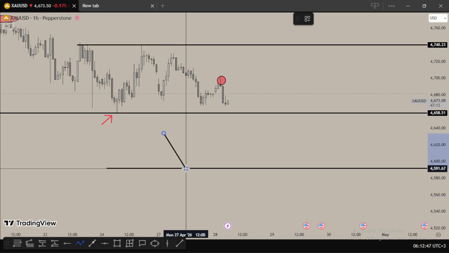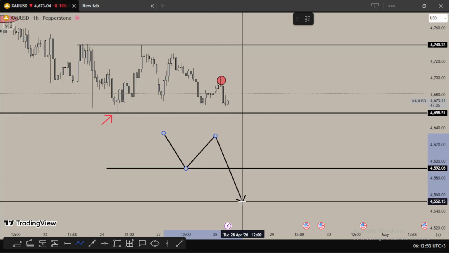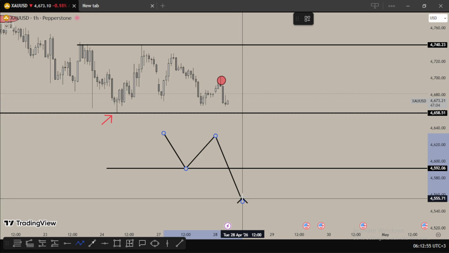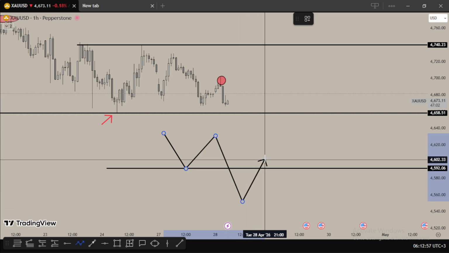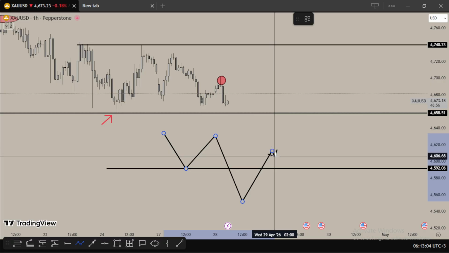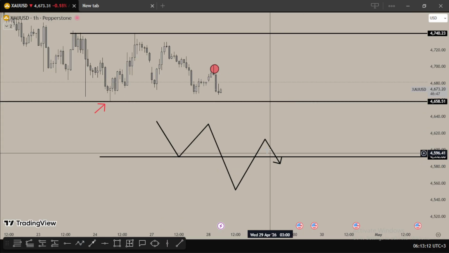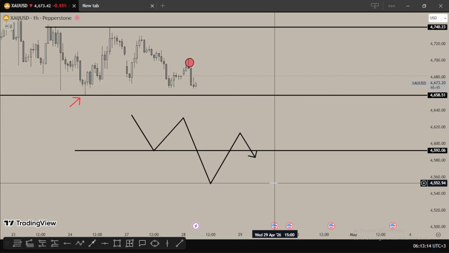When price makes a level and buyers pump price back up, sellers will always break price beneath that level. Then buyers are always going to push price back to where they were and a little bit above. Then sellers are going to sell together with buyers to maintain the movement of price.